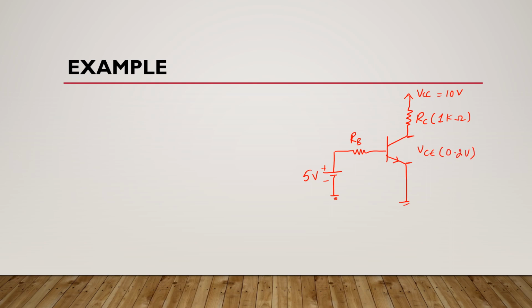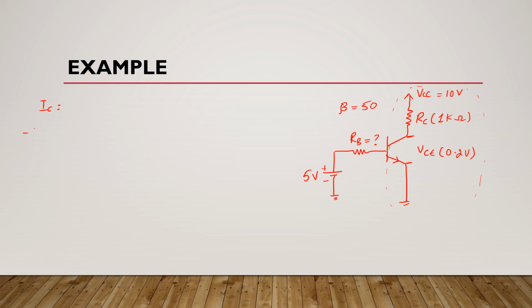Okay, now if beta is 50, then what is the value of this RB here? Okay, first we will find the value of collector current. We are not given any more values here, so what we are going to do is apply KVL in this region. Now what will be our KVL equation here?